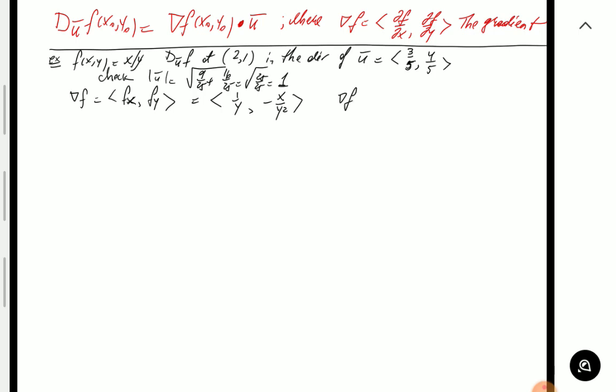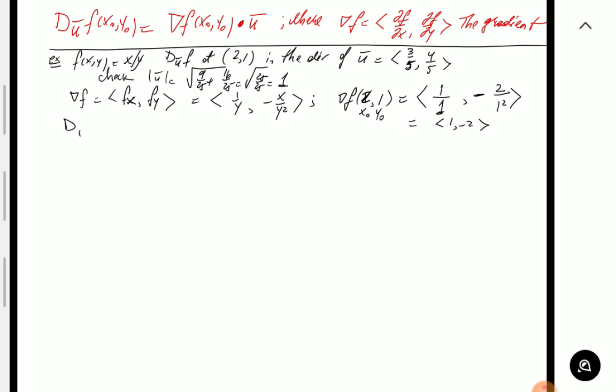You can write this together with the unit vector, but let's just do it separately. So now we evaluate it at the point in question, 2, 1. So this is my x naught, y naught in the formula. Be very careful to plug in the coordinates in the correct position. So y is 1, so it's 1 over 1, minus x, which is 2 over 1 squared. So the gradient at the point in question is (1, minus 2).